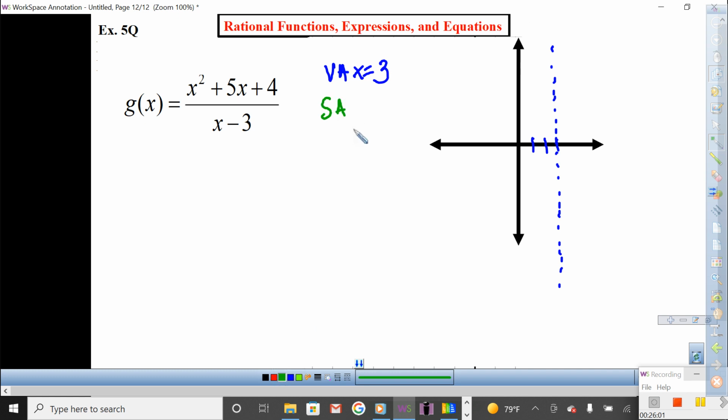SA. What did you get for our SA? y equals what? x plus 8. x plus 8. Hands, have you got that? That is correct. Let me show the long division just to make sure we have the process correct.